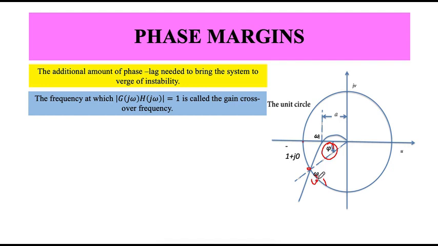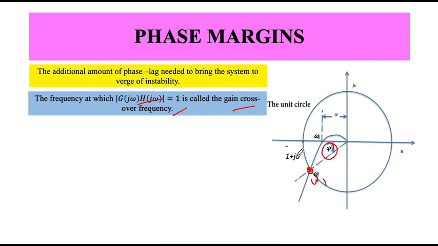The point at which the magnitude becomes 1. So the frequency at which the GH magnitude is equal to 1 is called the gain crossover frequency, which is omega 1, and the magnitude is 1.